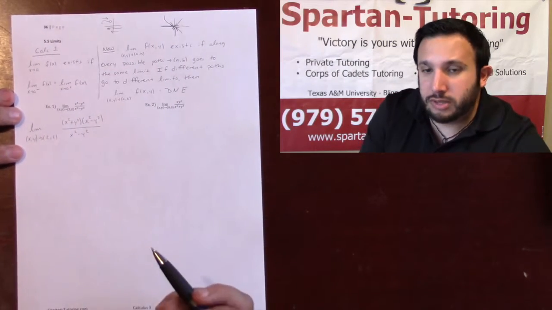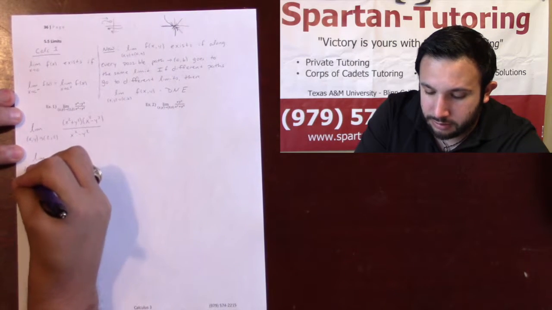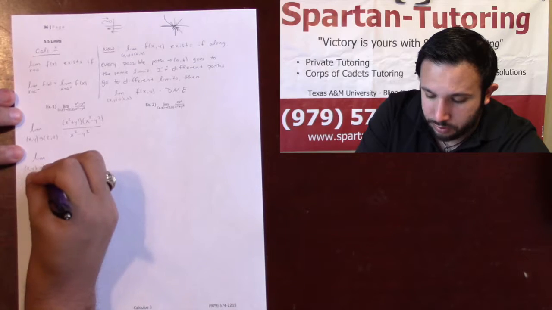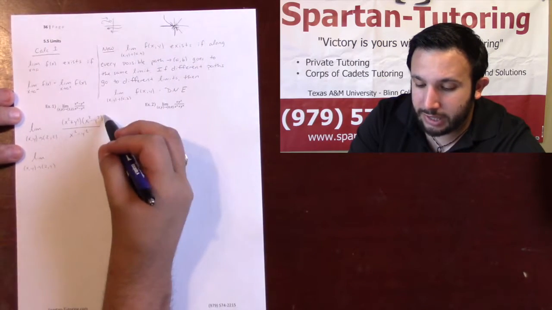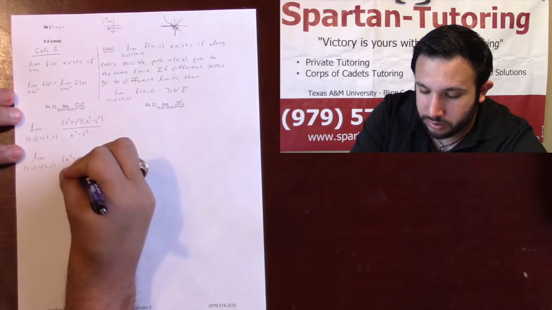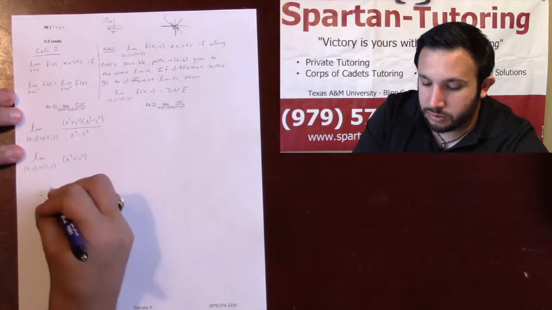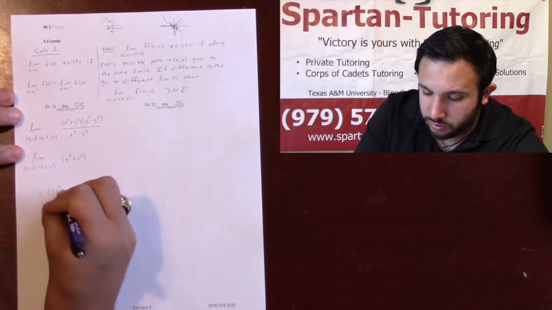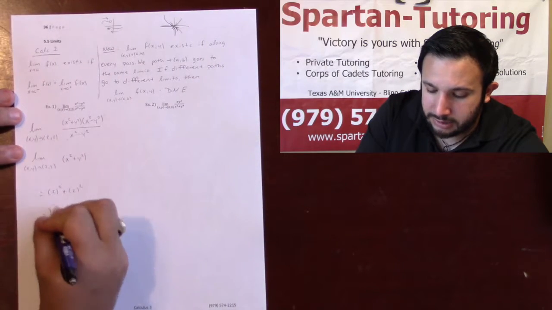And if you notice, those x squared minus y squared terms cancel. All I'm left with is x squared plus y squared. Now when you plug 2 into x and 2 into y, I have 2 squared plus 2 squared, and 4 plus 4 is 8.